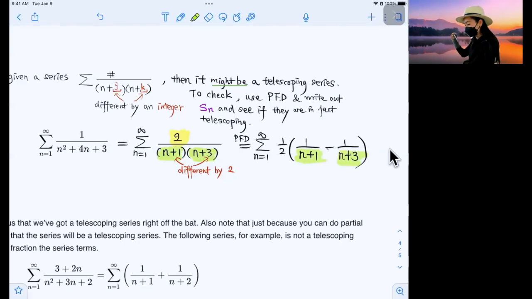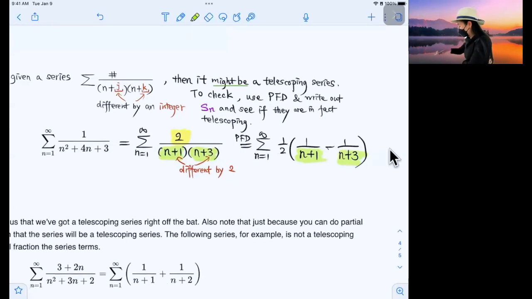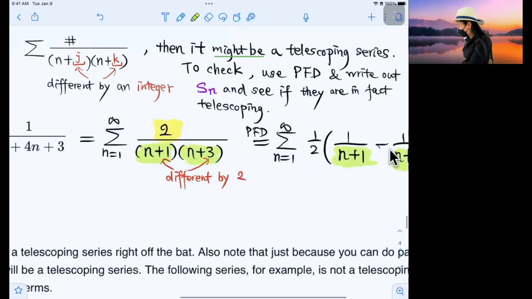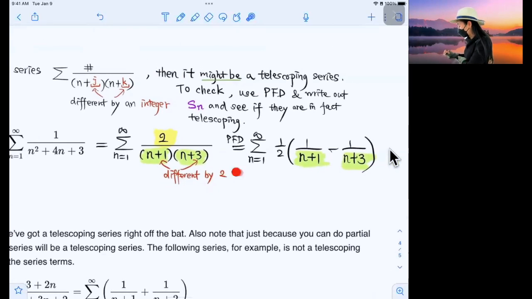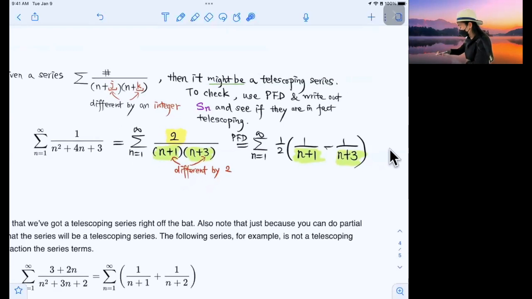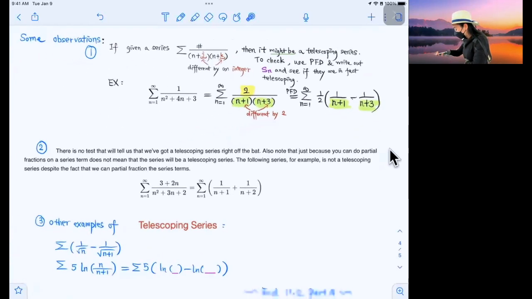You check if they cancel out or not. Okay, and you see that 1 and 3 differ by 2, differ by an integer. So that suggests that maybe I can write that using partial fraction decomposition, and maybe they will cancel in the middle. Okay. All right. So that's one observation that I have.